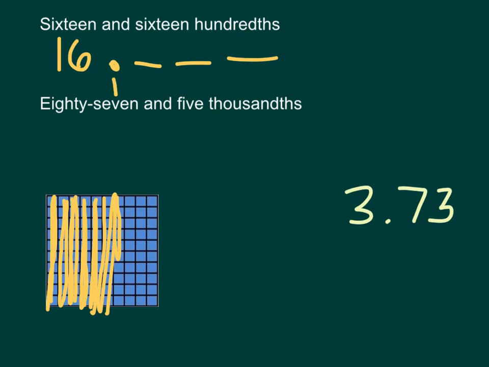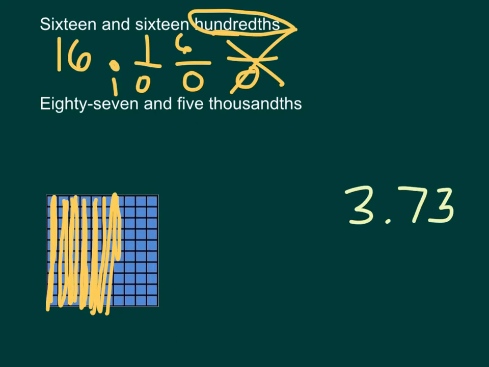So I'll put our 1000 underneath it. That helps me figure it out. Now I see here that I want to end in the hundredths place, so I don't even need the thousandths place. So I'll cross that off. Now, 16 hundredths. I need to end in the hundredths place, but I can only put one digit in each place value. So I know 16 fits like so. So I'll model another example here.